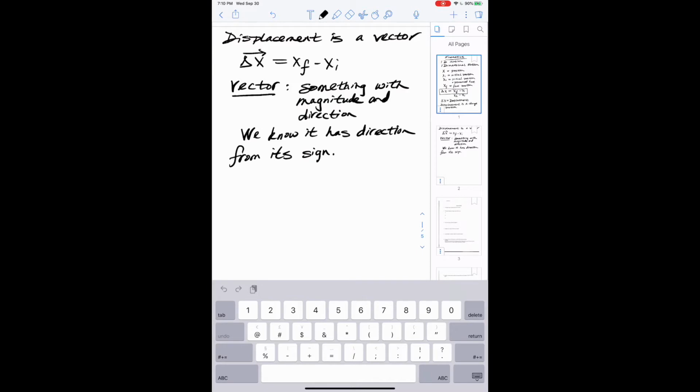We just thought of them as negative numbers. But here, the negative sign indicates a direction. So a lot of times we like to call right positive and left negative. And then the magnitude would be whatever the amount is. So when I think of magnitude, we're thinking of how large or small the number is.